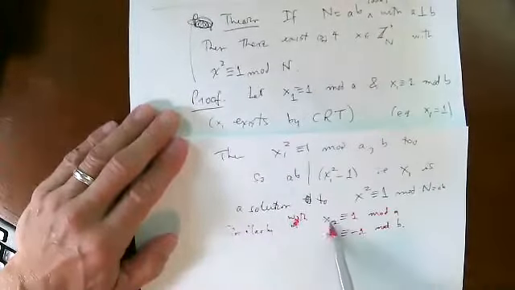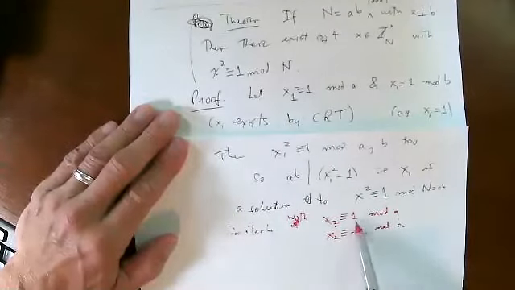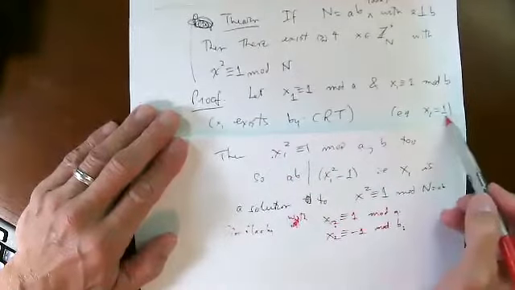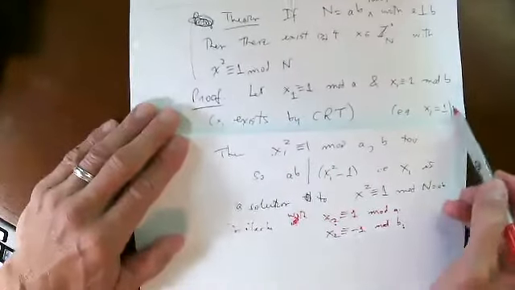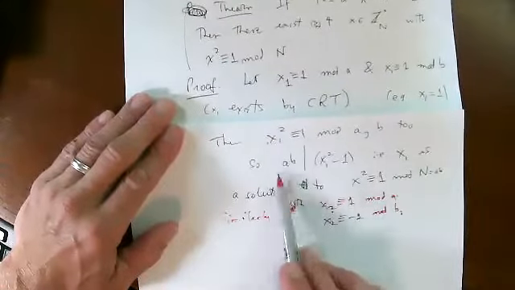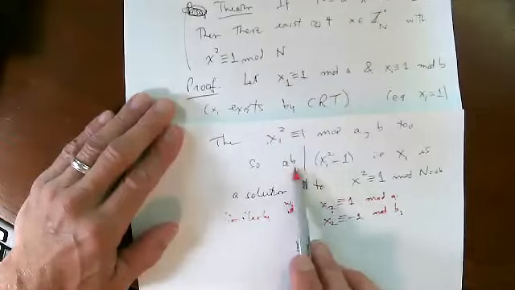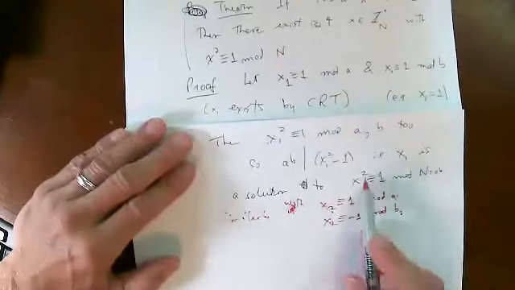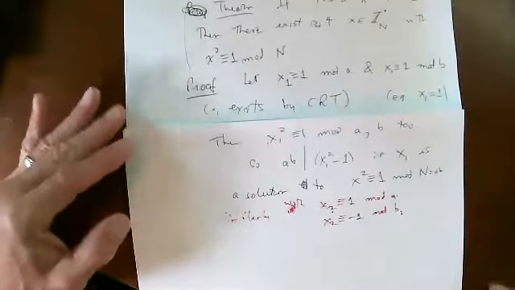But when you square this, now x2 squared is congruent to 1 modulo both a and b. So x2 squared minus 1 is divisible by both a and b, and therefore by the product, which is n. So x2 squared is a second solution to the problem.